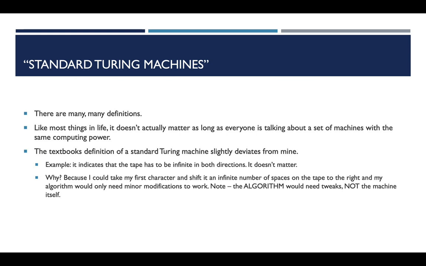In fact, the algorithm we used to solve the example in the previous video would still work. It would need some minor tweaks, but the tweaks would be to the algorithm itself and not necessarily the machine we used to implement it. So just by shifting the input, we can make the machines equivalent, and by changing the transition function slightly, we can compute that exact same example, and in fact whatever example the textbook's version of a Turing machine wants to compute.